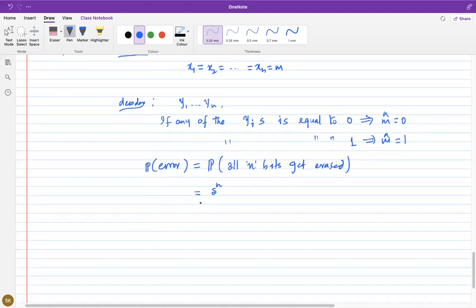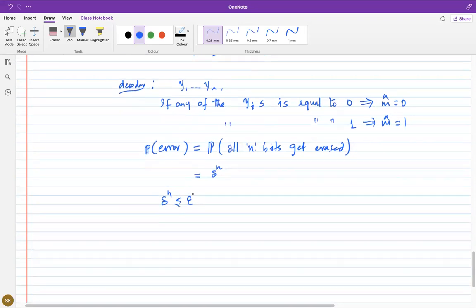Now, if you want to make this probability small, for example, let's say we want this error delta^n to be smaller than a probability of error, which is known as epsilon. Think of epsilon to be a very small number.